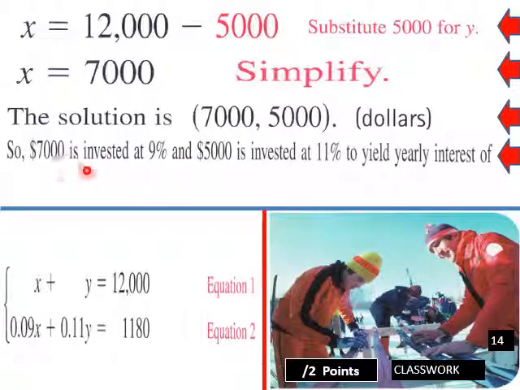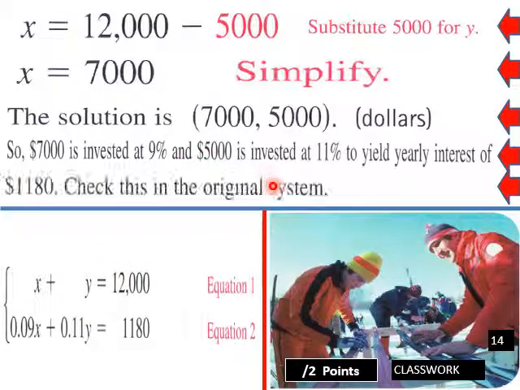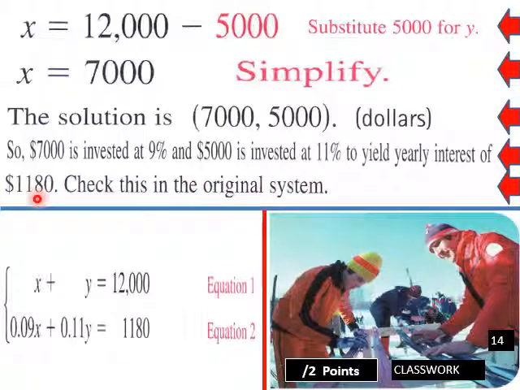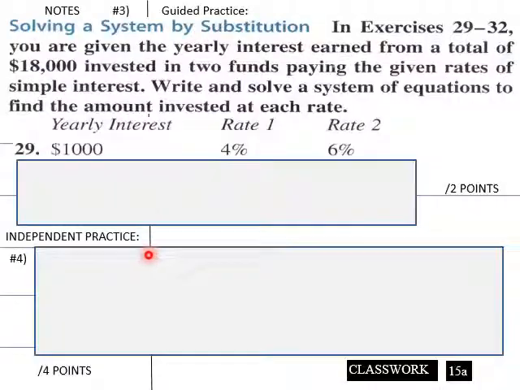And so 7,000 is invested at 9%. So this is our 9% here for x. And then 5,000 is invested at 11% down here for y to yield a yearly interest of 1180. Check this in the original system. So when you check it, it will check.